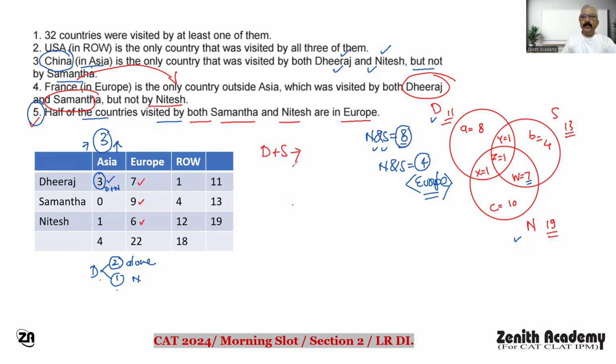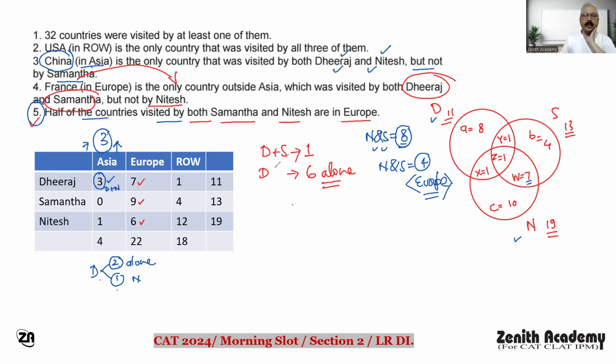It means out of 7, 1 country with Samantha. So what about these 7 countries? 1 country he is going with Samantha, and 6 countries he is going alone.